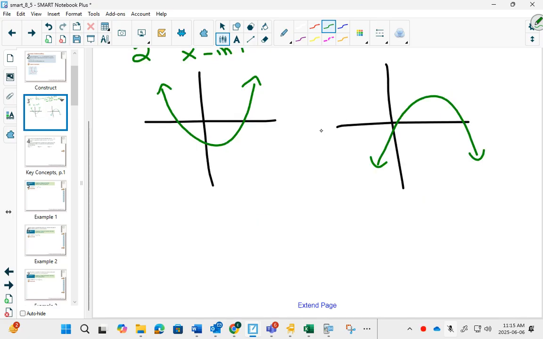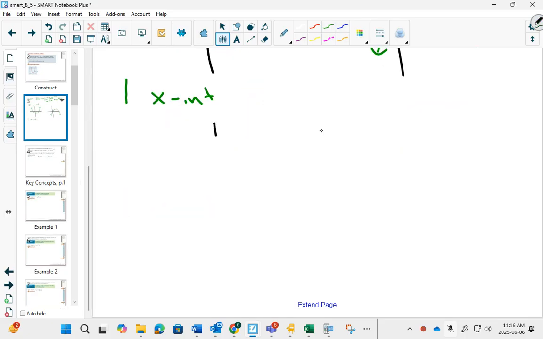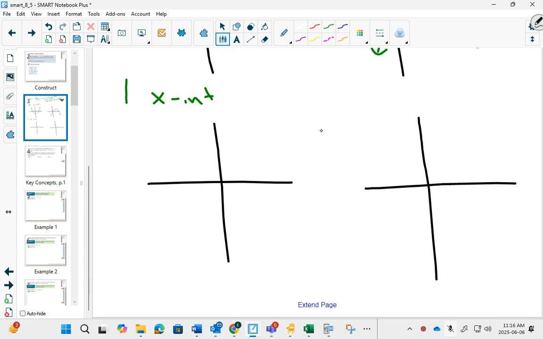Then, 1 x-intercept. What would have to happen for there only to be 1 x-intercept for a parabola? Any ideas? The vertex has to be on the x-axis. So if I had the vertex right here on the x-axis, it would have only 1 x-intercept.